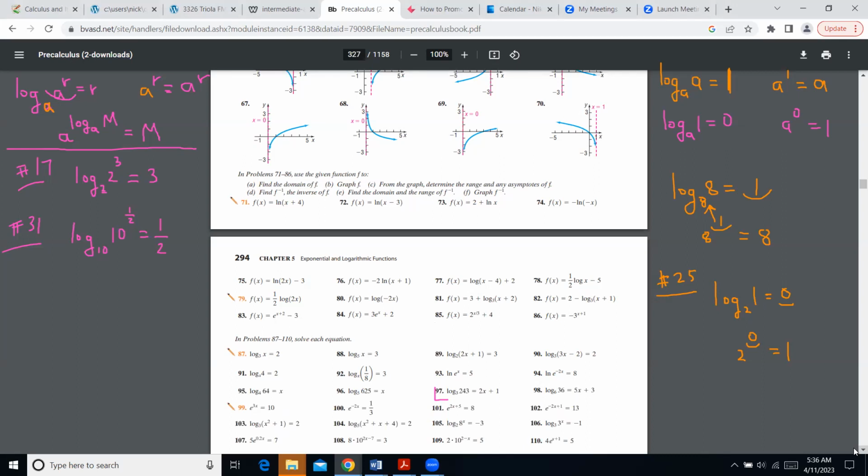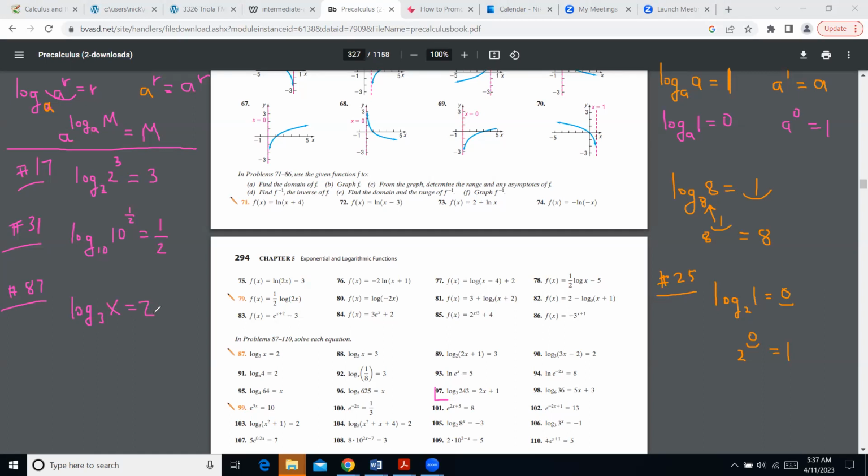And let me see what else is in this section. And it looks like on the next page, like problem number 87, for example, they solve some equations with logarithms. So let me try problem number 87 with logarithm base 3 of x equals number 2.